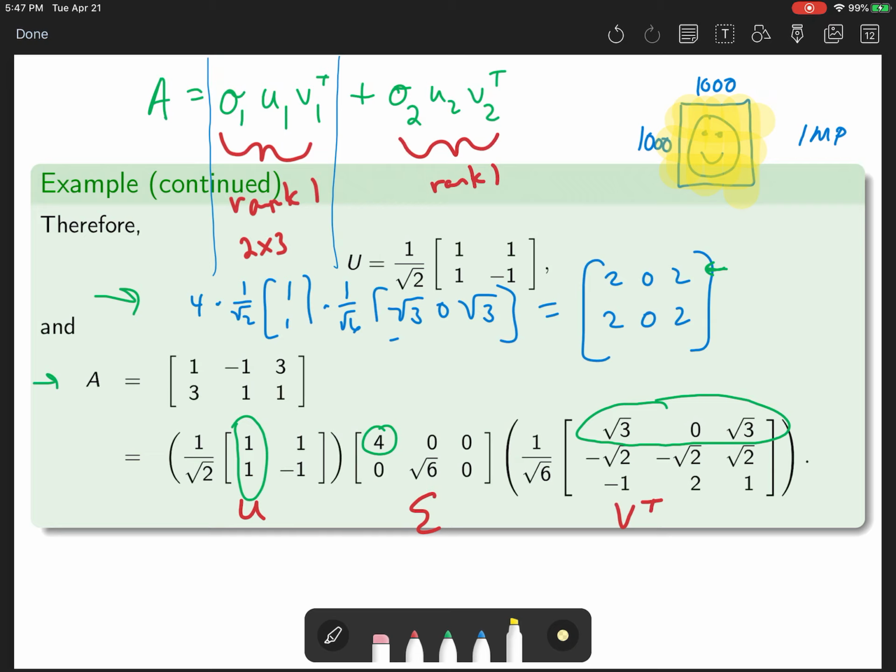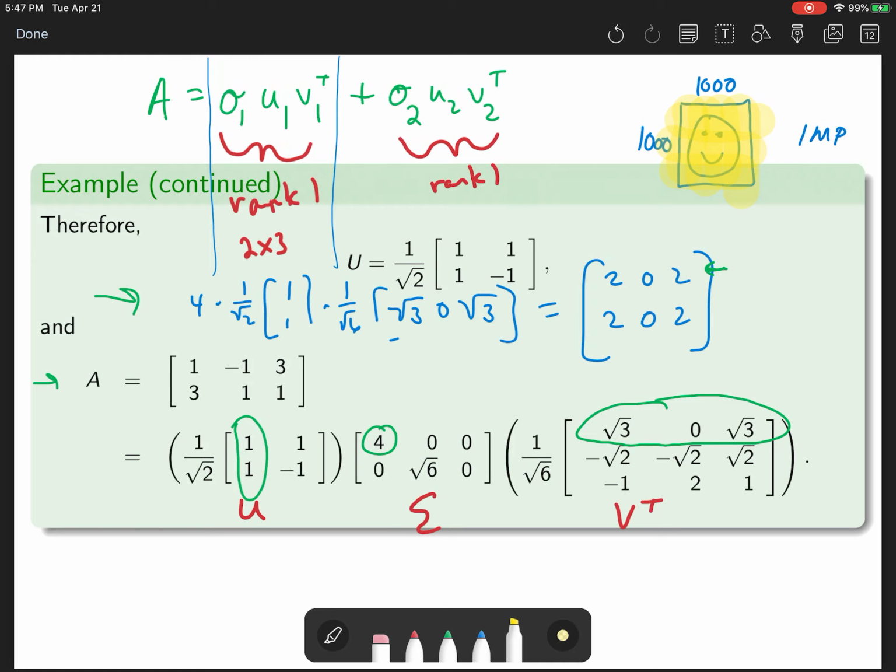But in the 1,000 by 1,000 context, it is possible to get a pretty good image, maybe just looking at the top 30 singular values. And that would represent a really large amount of savings in terms of the storage that you would have to do, or possibly the speed of a computation that you would need to calculate based on an image, if we're able to compress all of this information down.